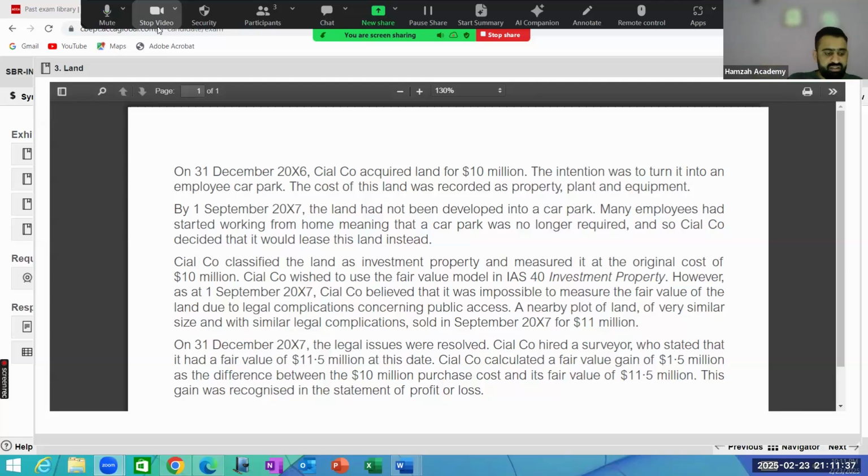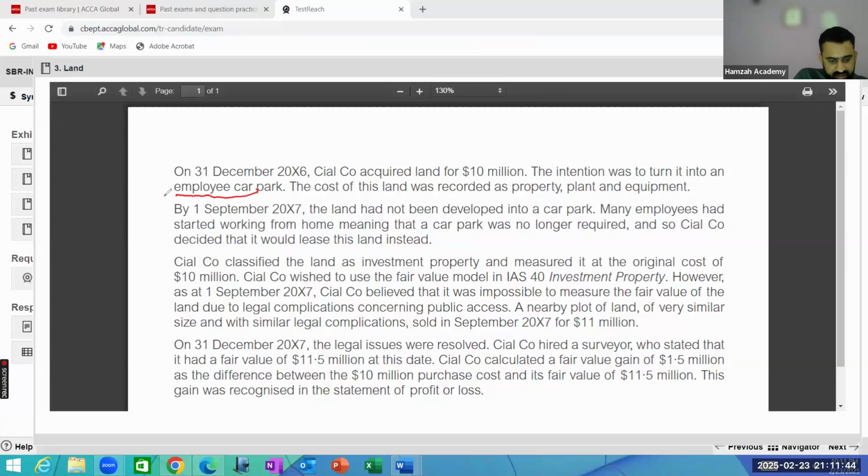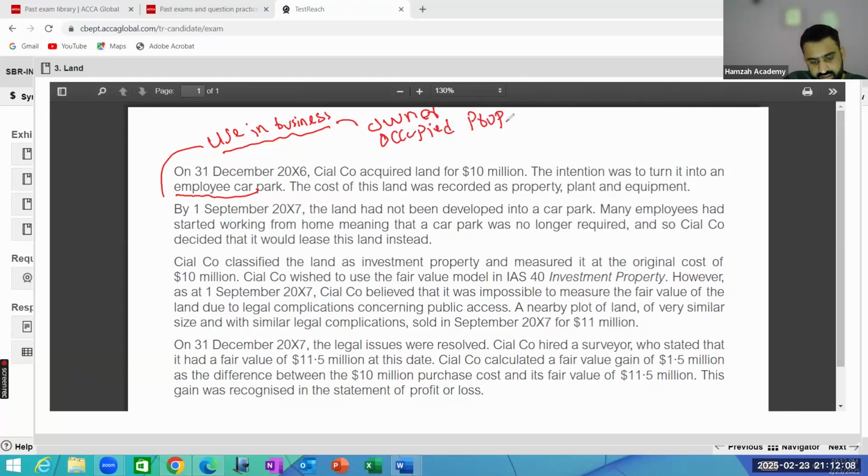Employee car park means that your intention was to use this land in business, and any property which you purchase to use in a business is known as owner occupied property.